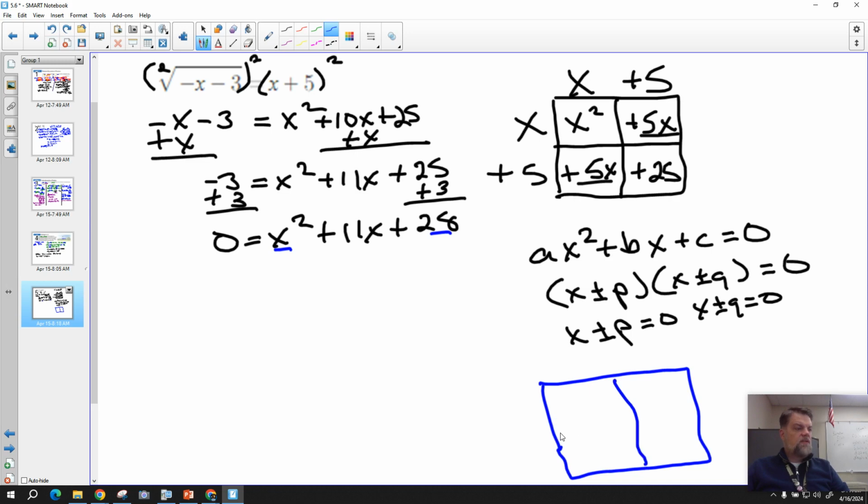Let me draw that a little nicer. x squared plus 28. Well, x times x gives me x squared. Think of two numbers that I multiply together that give me 28, but also keep in mind that whatever I have in here and here has to add up to here. Well, positive 7 and positive 4, when you multiply them, they equal 28, right?